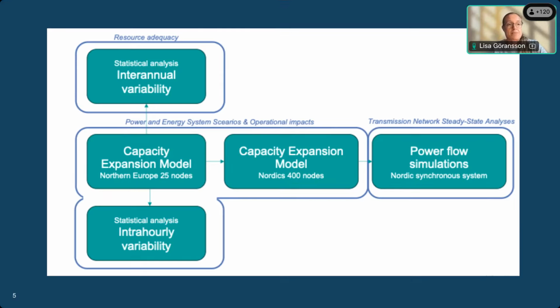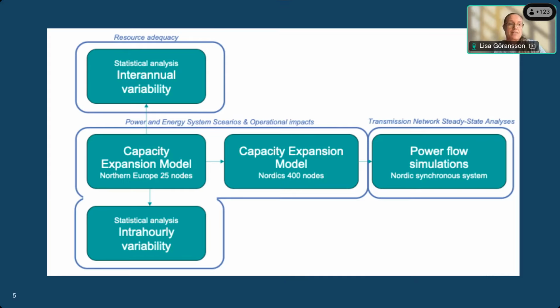And this capacity expansion model was designed in order to collaborate with our power flow simulation model to the right. Our power flow simulation model takes the generation and the loads from our capacity expansion model of the Nordics, and then it runs full power flow with active and reactive power to check the feasibility of the system from a physical perspective.